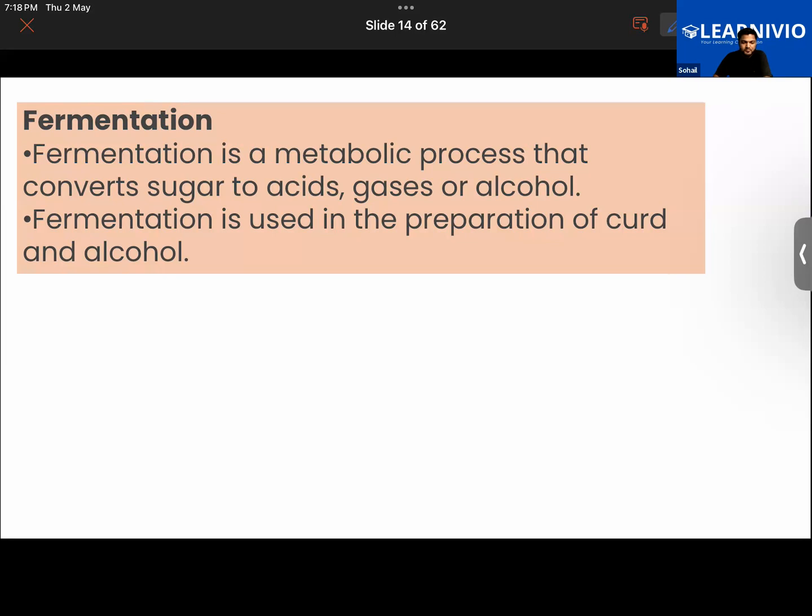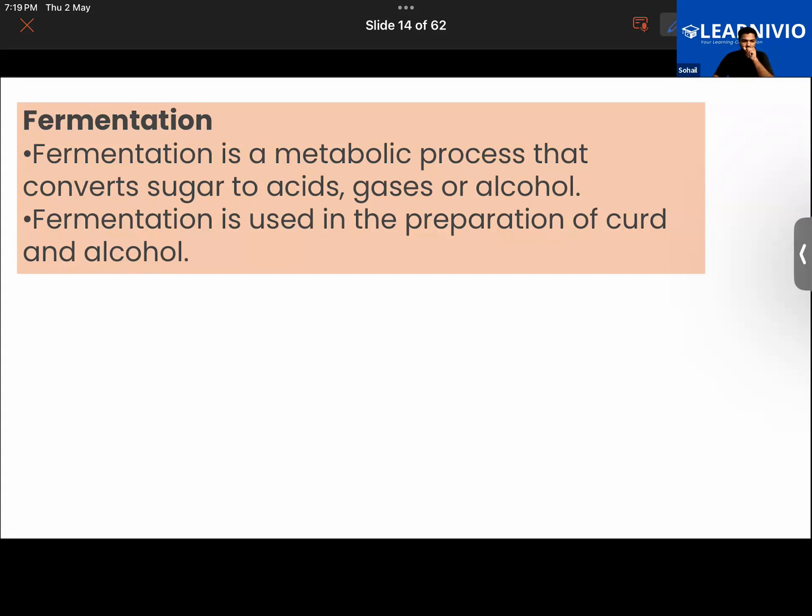Basically, when we store an item for a certain amount of time, chemical changes happen, and the enzymes get mixed.